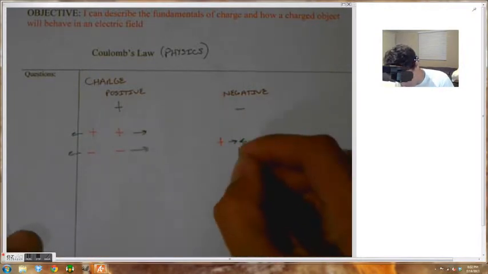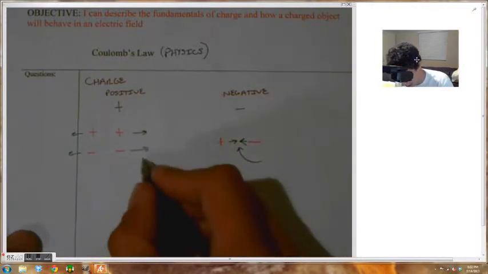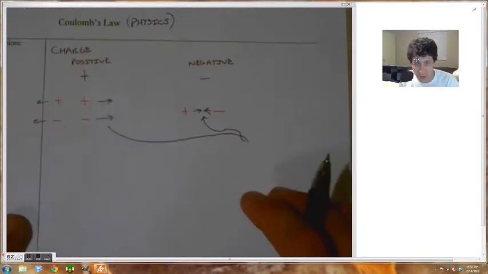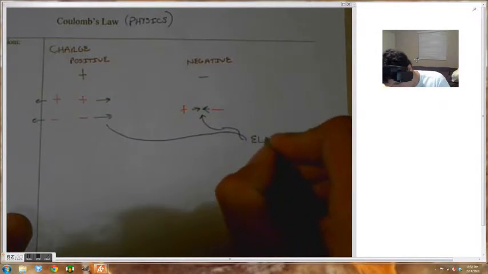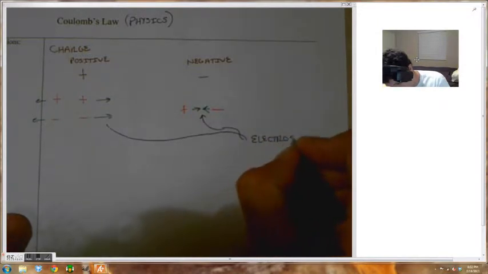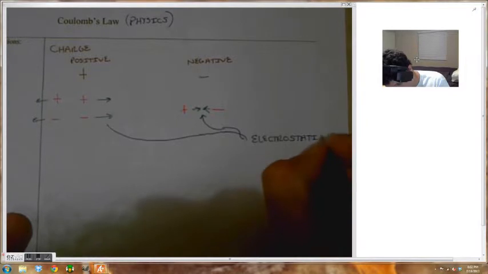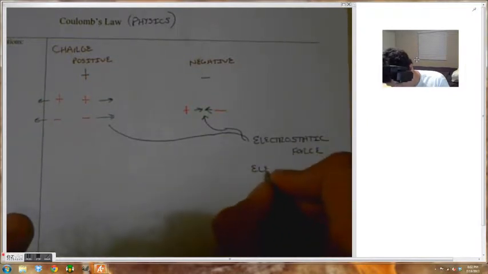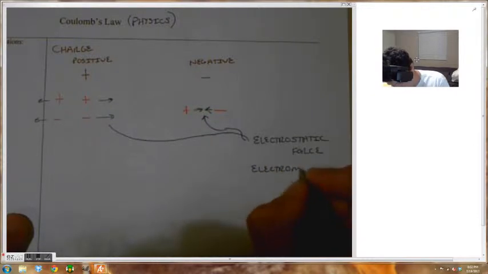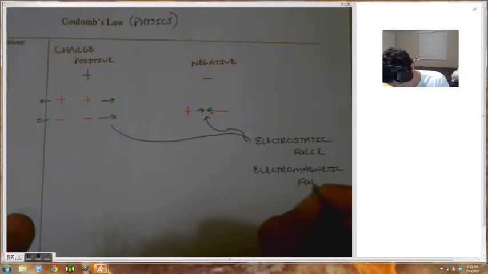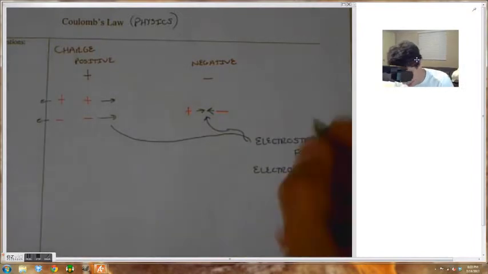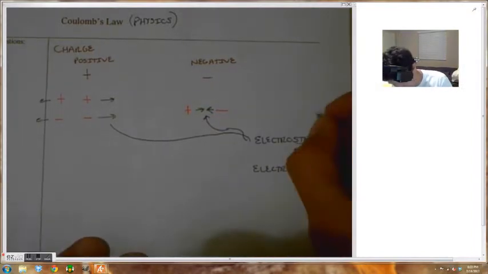This force that occurs, either the repulsive force or the attractive force here, is known as the electrostatic force. Or better yet, the electromagnetic force. They're basically the same thing, the key difference being that electrostatic implies not moving.